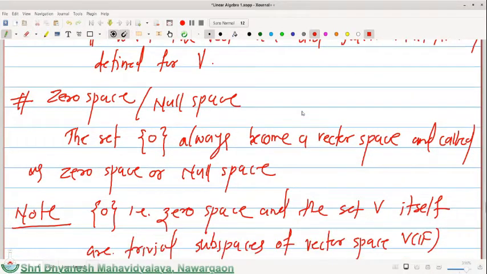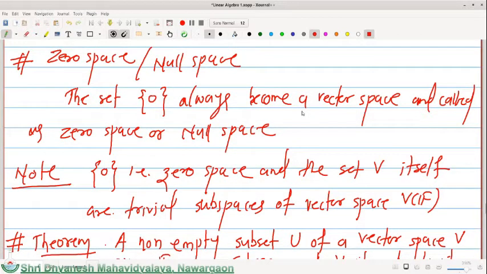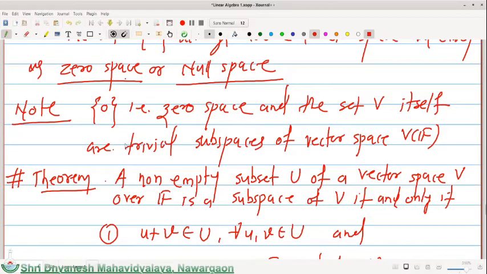Next, the zero space, the singleton set {0}, always becomes a vector space, and it is known as the zero space or null space. You remember this. Next, the zero space and the set V itself are trivial subspaces of a vector space V, trivial meaning obvious.